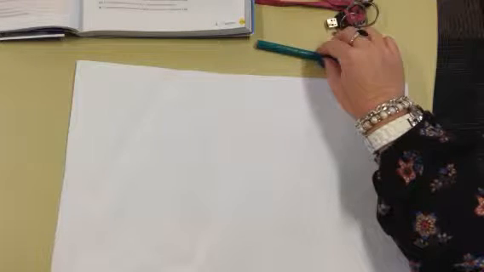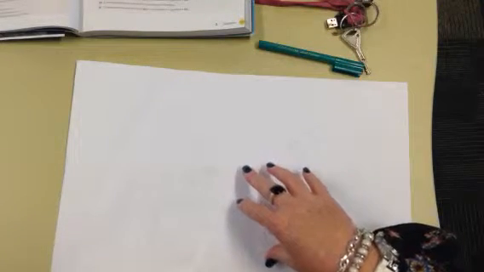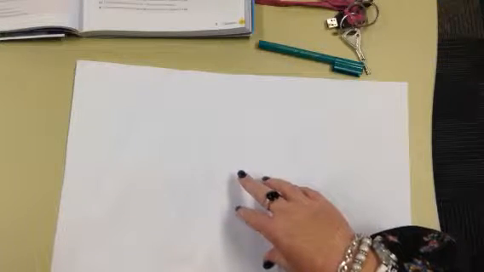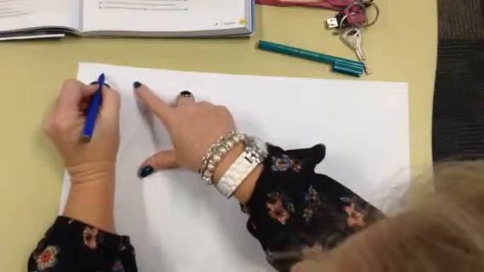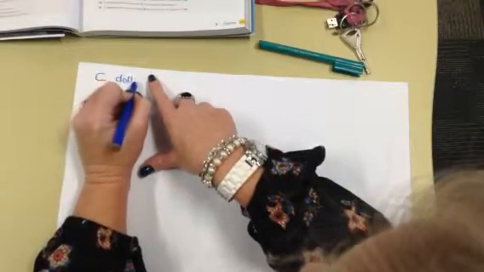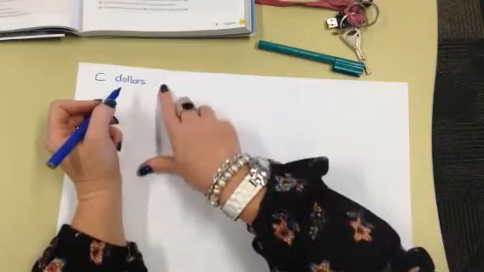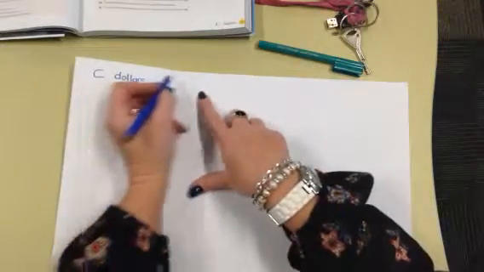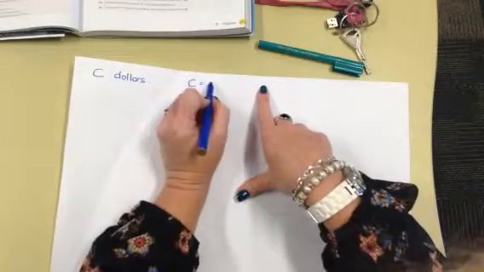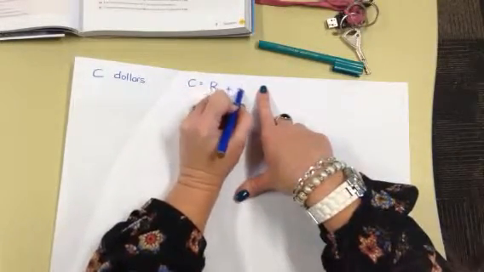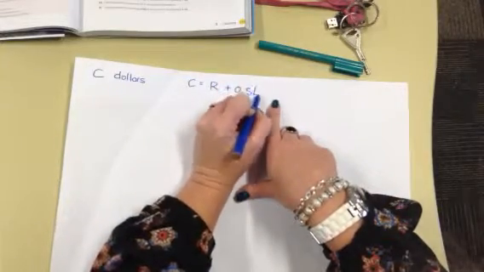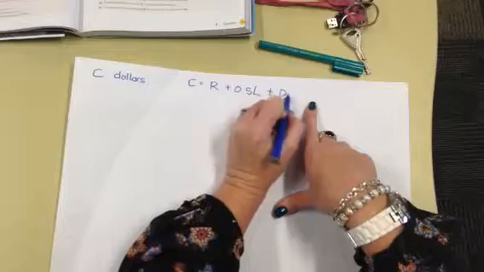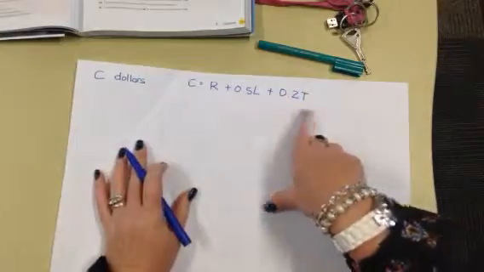Let me just find one that makes sense to us. Okay, so this one, they say the amount in C dollars. Maybe it's a good idea to write it out like I am. To be paid for the mobile bill is found in the formula C equals R plus 0.5 L plus 0.2 T. Right, so we know C are dollars.